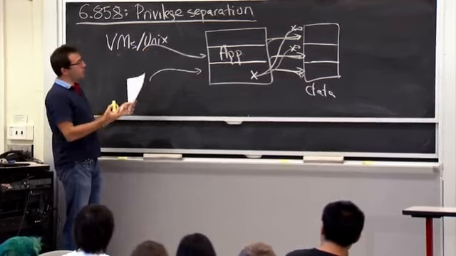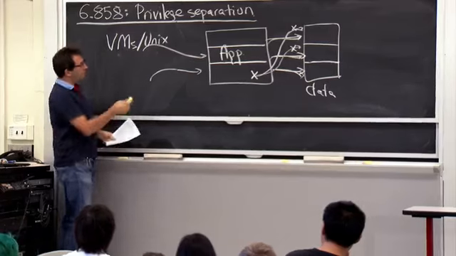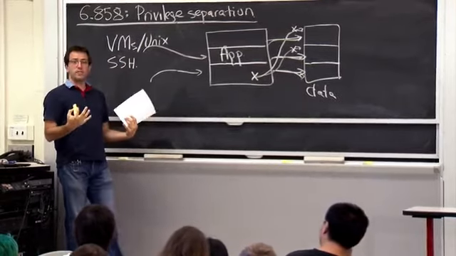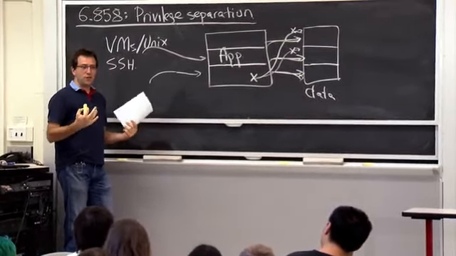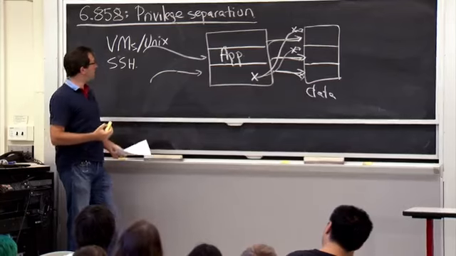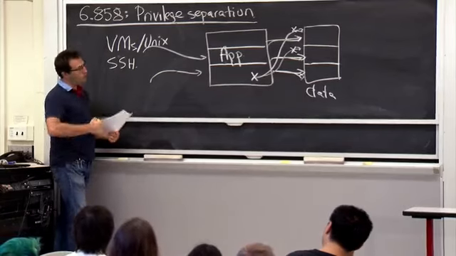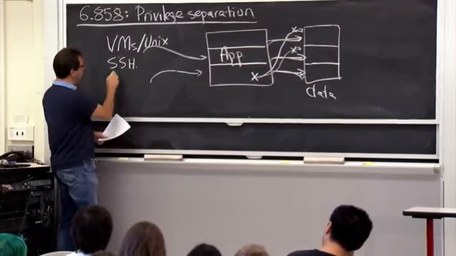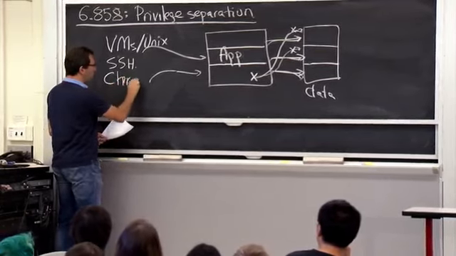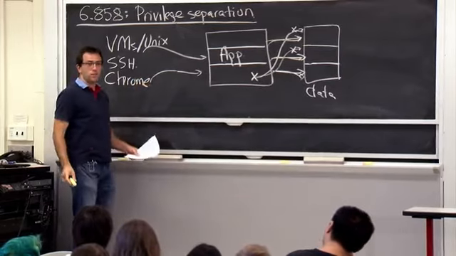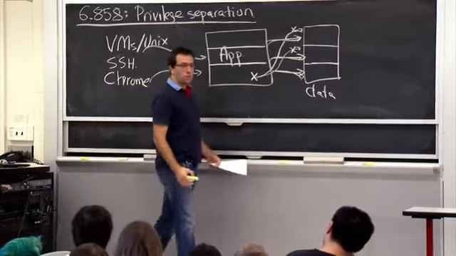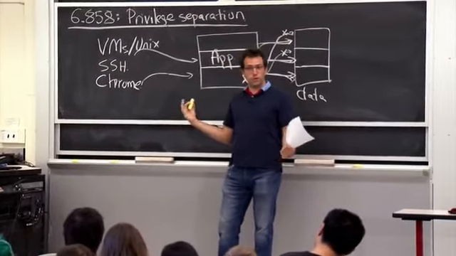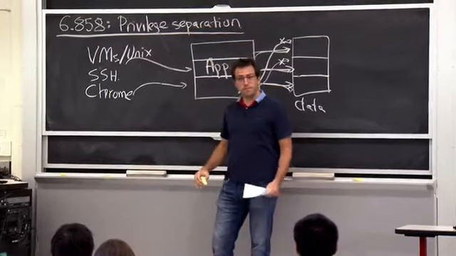And then many applications actually use privilege separation in practice. You guys are probably using SSH quite often. That uses privilege separation in many of its components to make sure its keys are not leaked and the server doesn't get compromised, or the effect of a server compromise is reduced. And perhaps more relevantly to you guys, Chrome, the web browser, actually does privilege separation quite extensively as well, so that if there's a bug in Chrome's implementation, the adversary doesn't get full control of your computer, which is a great property to have.